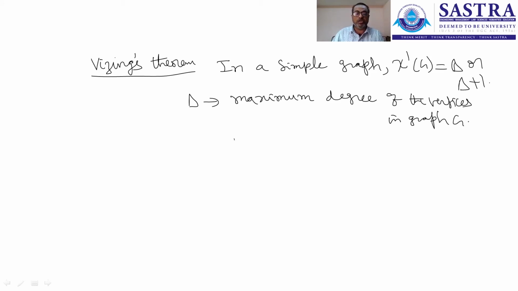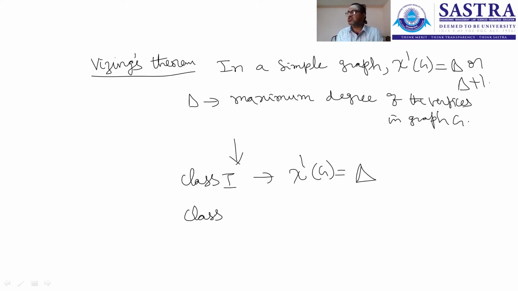In fact, they also classify like this. Class 1 graphs. What are class 1 graphs? Chi dash of G is equal to delta. This is called class 1 graphs. And then you have class 2 graphs. What are class 2 graphs?